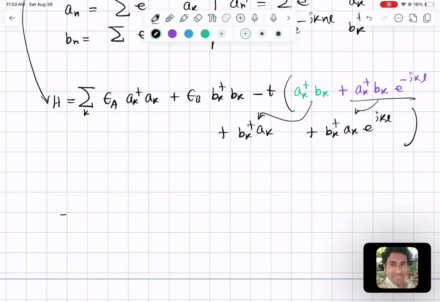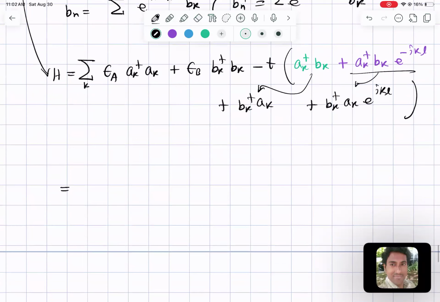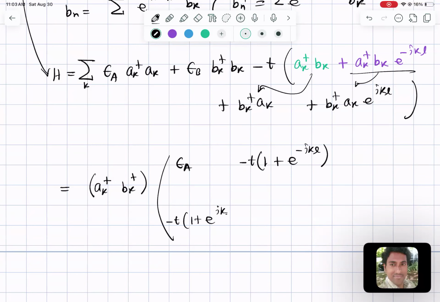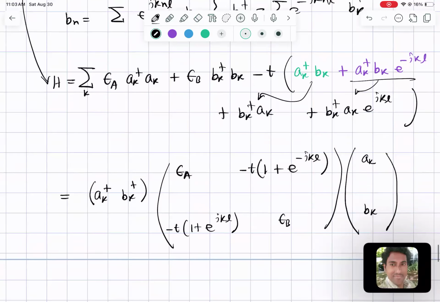As it happens, for this case, we can write it in a nice format: A_k dagger, B_k dagger, and here we can write epsilon A, minus t times 1 plus e to the power minus i k l, minus t times 1 plus e to the power plus i k l, epsilon B, then A_k, B_k.